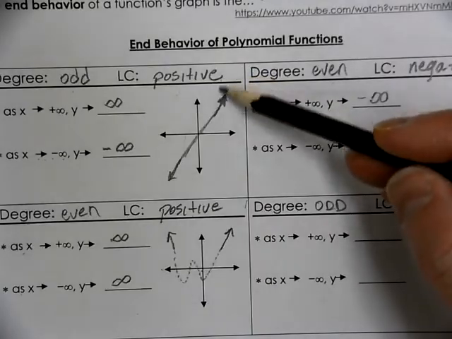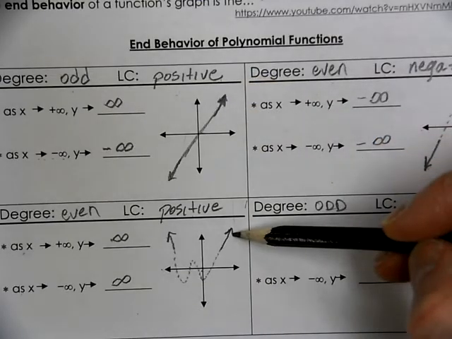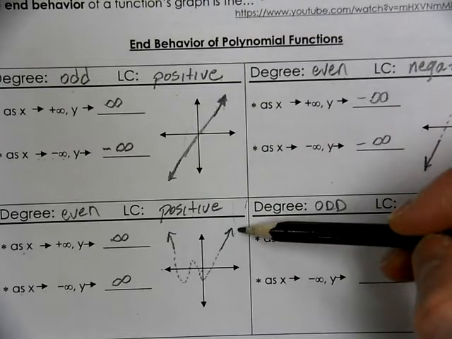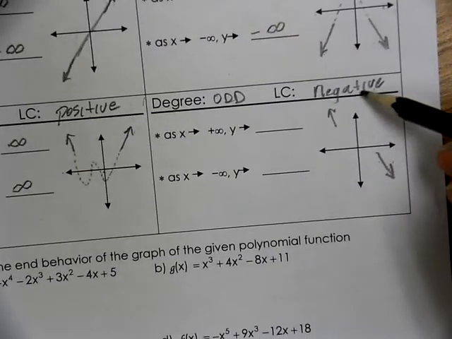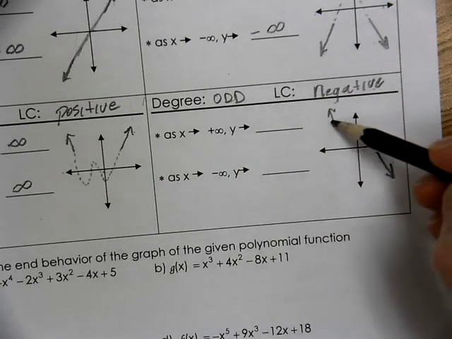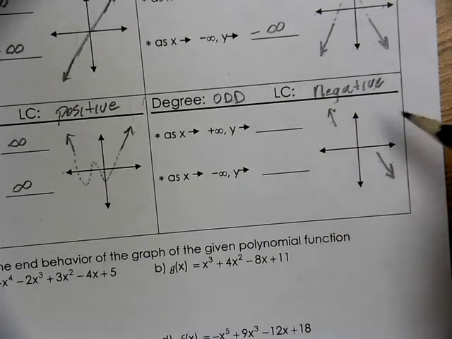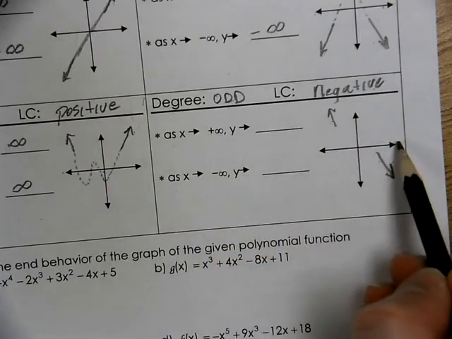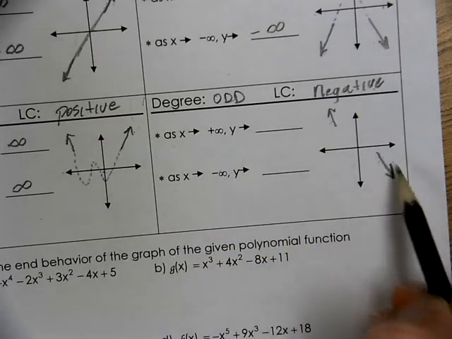If it's positive, it's increasing to the right. So we know this is going to fall to the right because the leading coefficient is negative. It's odd, so they have to go in opposite directions. So as x gets bigger, you see the graph is going down.